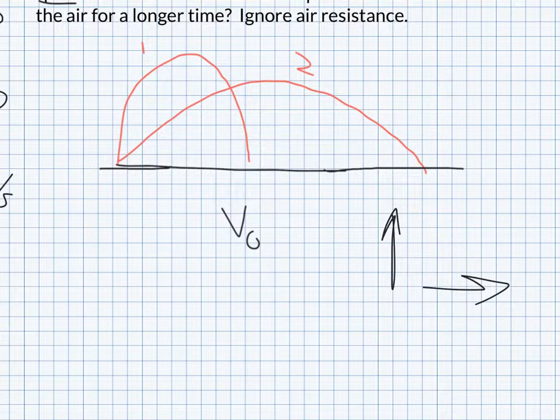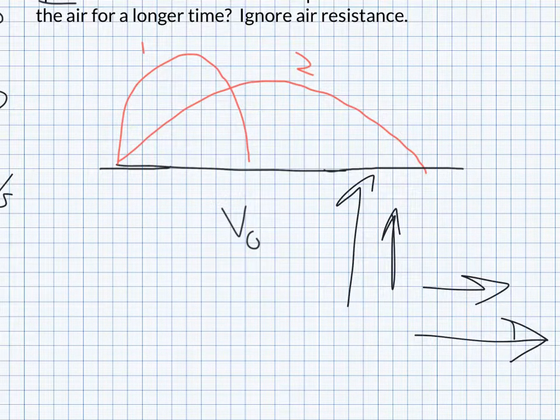So I could hit this thing really, really fast to the side, and it would not make it last longer in the air. But if I hit it really, really high up or fast to the vertical, it will stay longer in the air, because that's really what's going to affect things here.